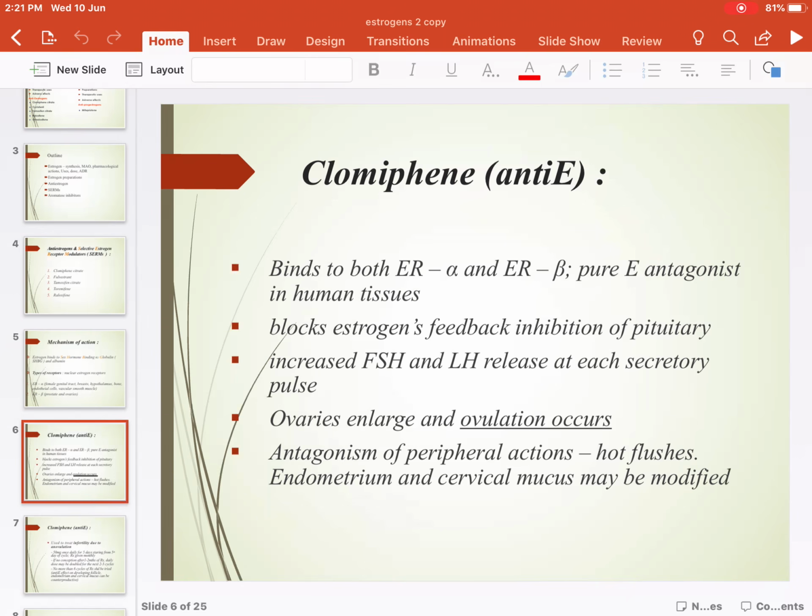They bind to the receptor and they block it. So they are antagonists. Once this block happens, this is going to give a feedback inhibition to the pituitary, which is going to release more of FSH and LH.